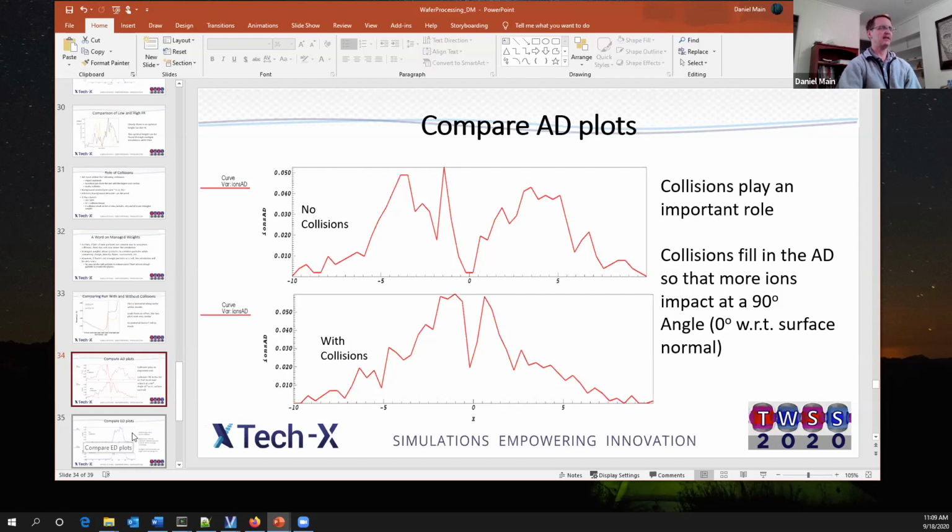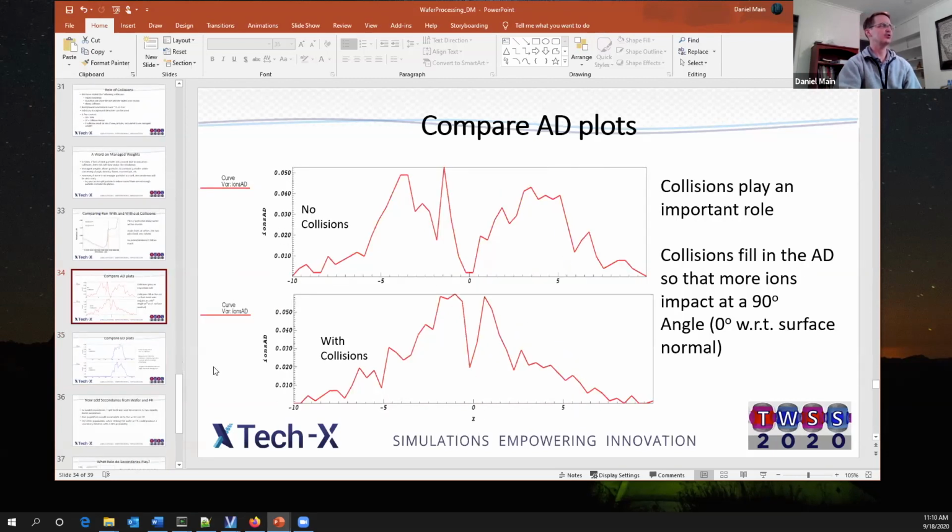So the physics of that would be, obviously, with certain collision momentum, with the momentum collisions, the collisions in which the particle total energy is conserved, but the momentum of the particle can change, you're pushing more particles to hit at 0 degrees. That would be my interpretation of this.